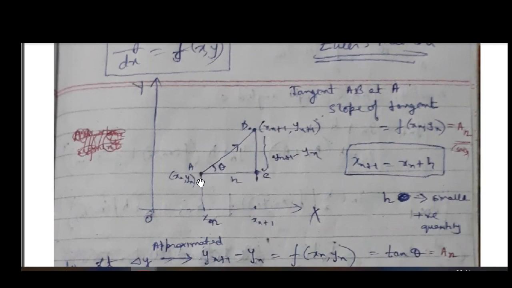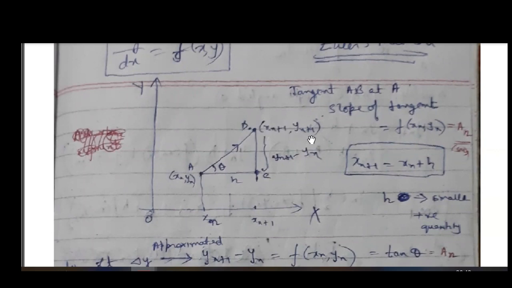The slope of this line segment is f of xn, yn. You are drawing a line segment from xn, yn up to the neighboring point B, which is xn plus 1, yn plus 1.